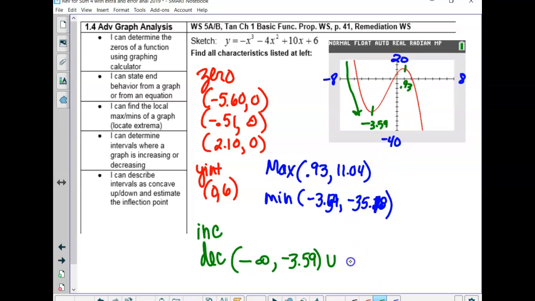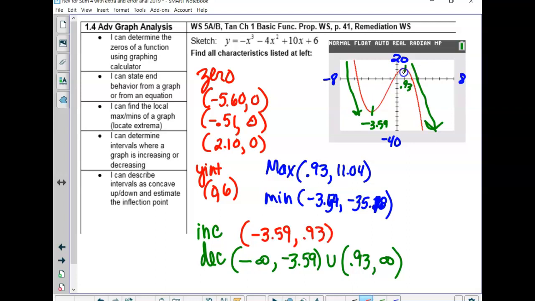Again, from the max, which had an X value of 0.93, to the right, it will keep going down. The function value, the Y, is going down as long as X is, and you have to state the X intervals. All right, and the increasing is then from negative 3.59 to 0.93, the place where it's going up.